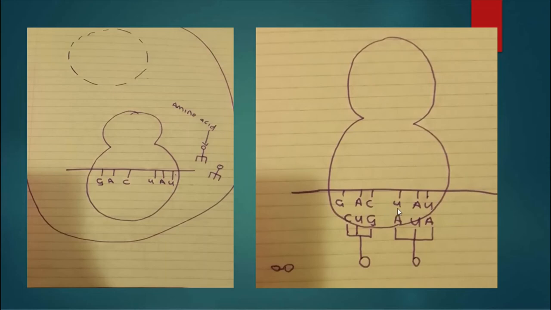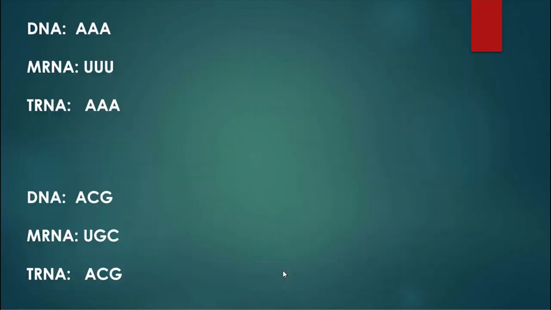Then it means that on the anticodon, we will have triplets AUA from UAU, and we'll have CUG from GAC. There is no T in RNA, and the protein is now formed. The bond between the amino acids is called peptide bond. Take note of that as well.